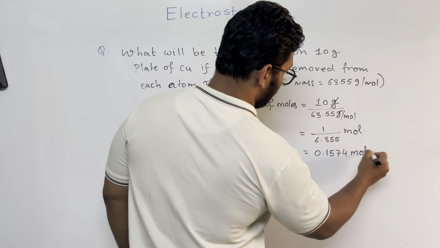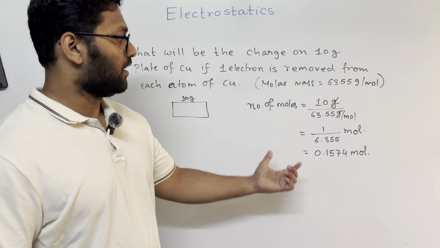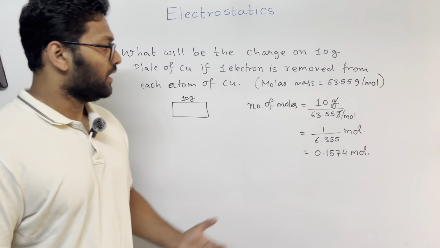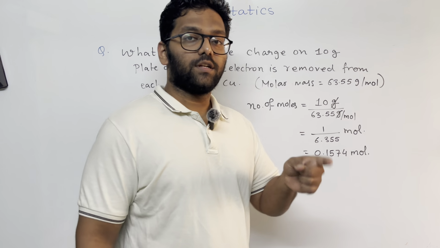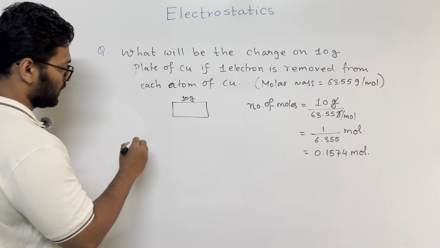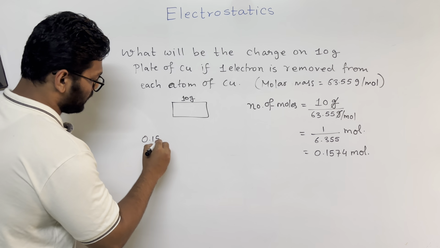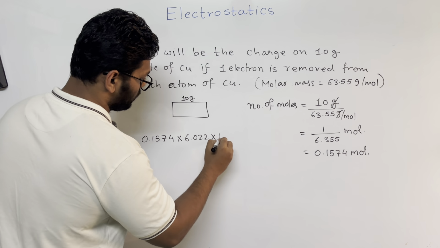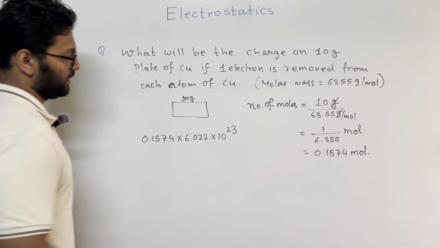So this many moles of copper are there in this 10 gram plate. Now I want to find out the total number of atoms. So what do I have to do? I have to multiply with Avogadro's number. So the number of moles is 0.1574, multiplied with Avogadro's number 6.022 into 10 to the power 23. Let's do that.